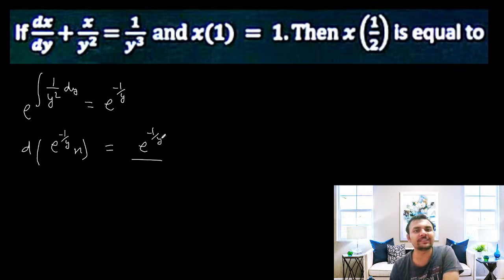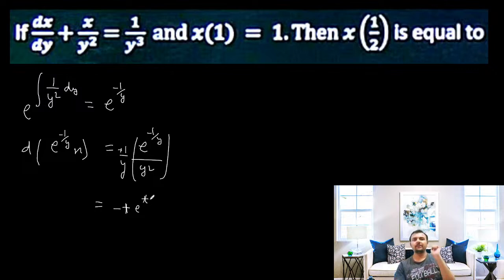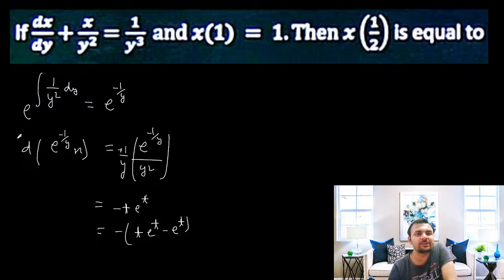If we see the differentiation of this is y square, and we have plus 1 by y. So if you see it, it is nothing but minus t e to the power t. If you try to do by parts, it is t e to the power t minus e to the power t. So we integrated both the sides.